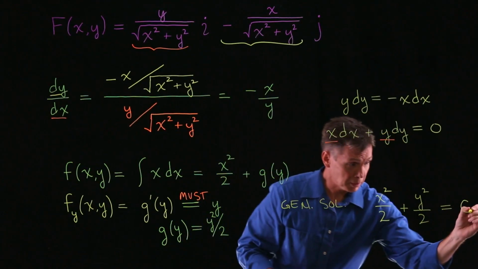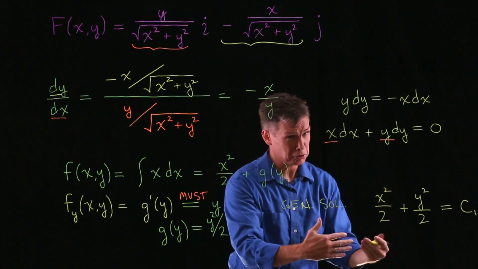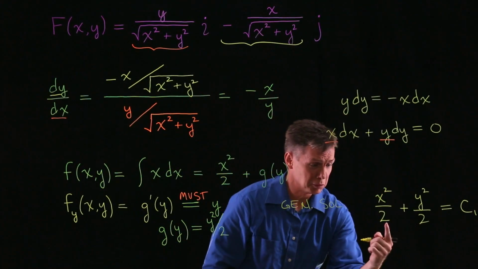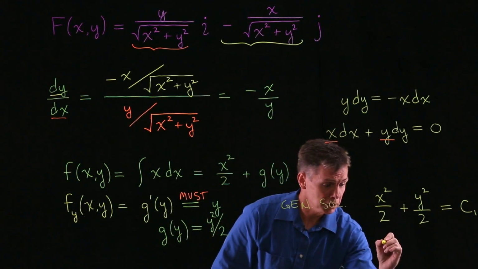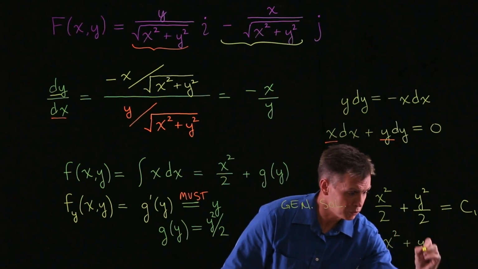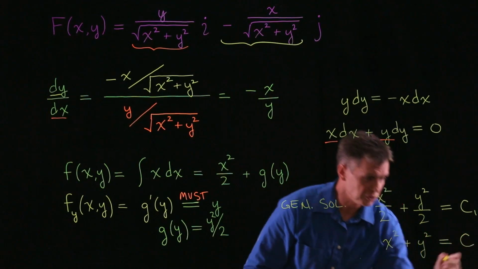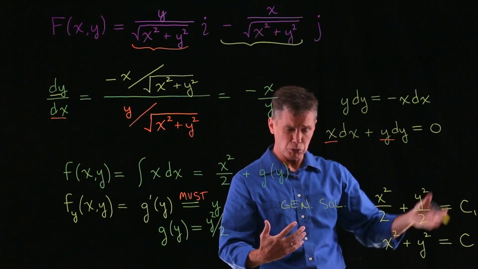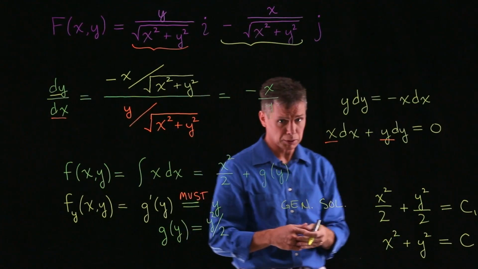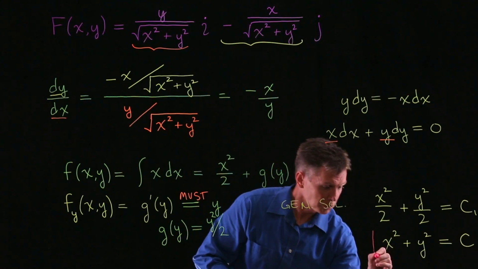I'm going to put a subscript on that, only because I'm going to take you one step further. This will look a lot neater if we multiply the 2 over, and we'll get x squared plus y squared equals c. The 2 gets absorbed into the constant, okay? So this is my general solution.